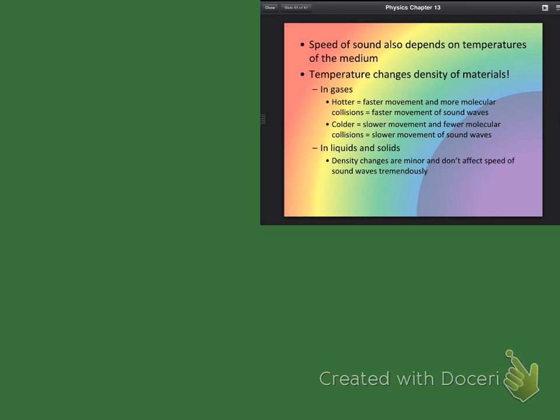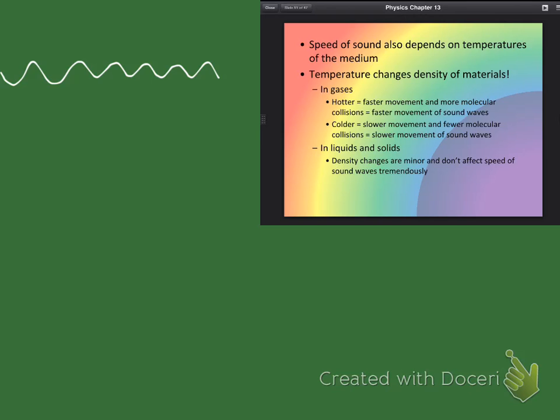So if we're talking about a sound wave traveling through a gas, and how close together the particles are affects the speed of the sound wave, temperature is going to play a role.